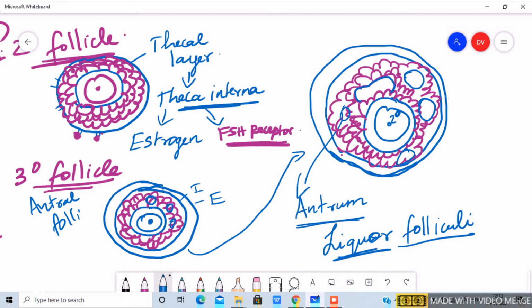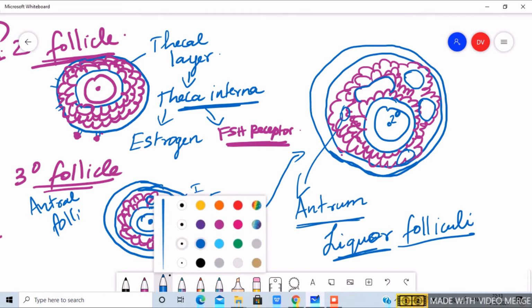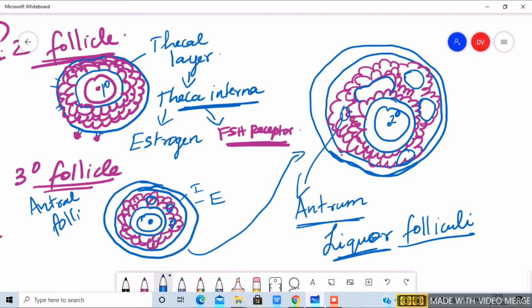But in the secondary follicle, inside it has the primary oocyte. Only in the tertiary follicle would it have completed meiosis 1 and turned into the secondary oocyte. That is surrounded by granulosa, the antrum cavity in between, and then theca interna and theca externa. Done with the tertiary follicle.